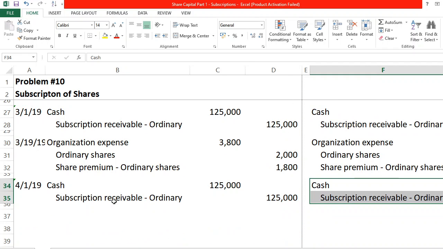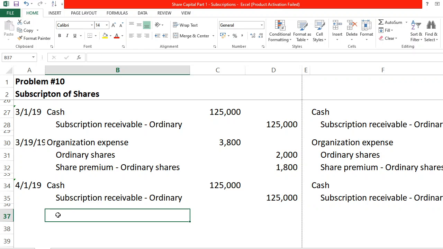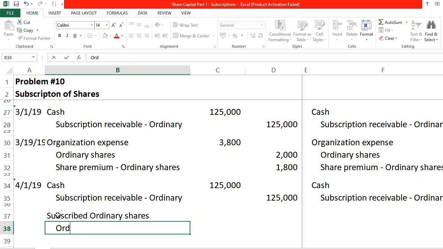So since nabayaran naman niya, di ba, ang atoang sabot or ang naingon sa code, dili ta mag-issue og stock certificates and shares hangtod sa dili niya mabayaran in full. So this time nabayaran na niya, right? So we are going to eliminate this subscribed ordinary shares and then ato na siyang hatagan og ordinary shares.